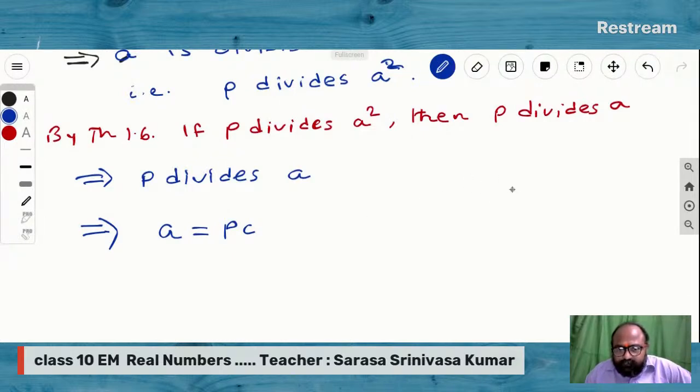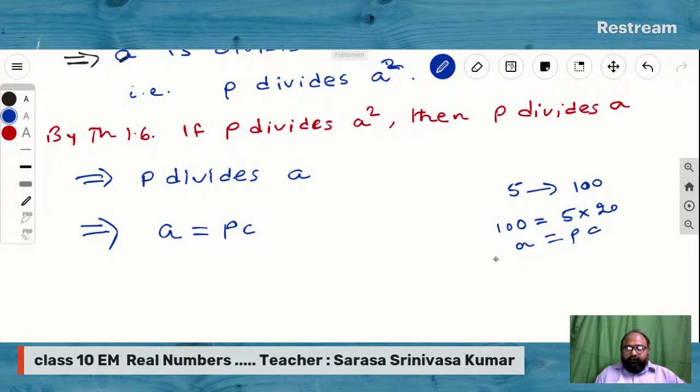So for example, if 5 is a prime number, if 5 divides 100, then 100 can be written as 5 multiplied by 20. So this is of the form a equal to pc form. Now we consider another example. 17 is a prime number.